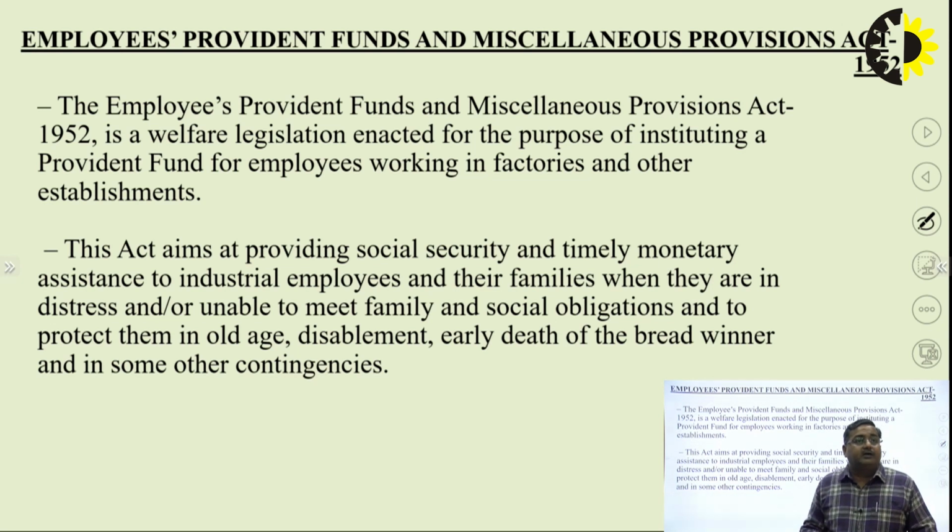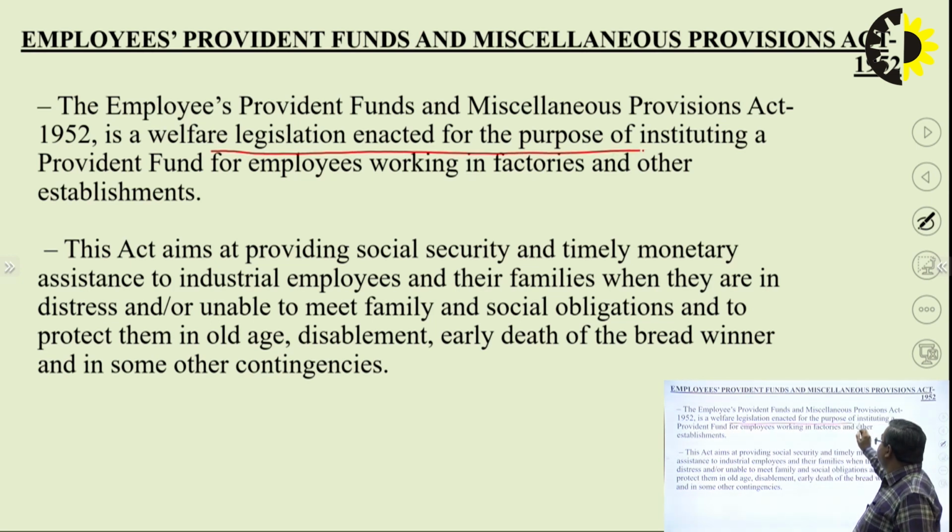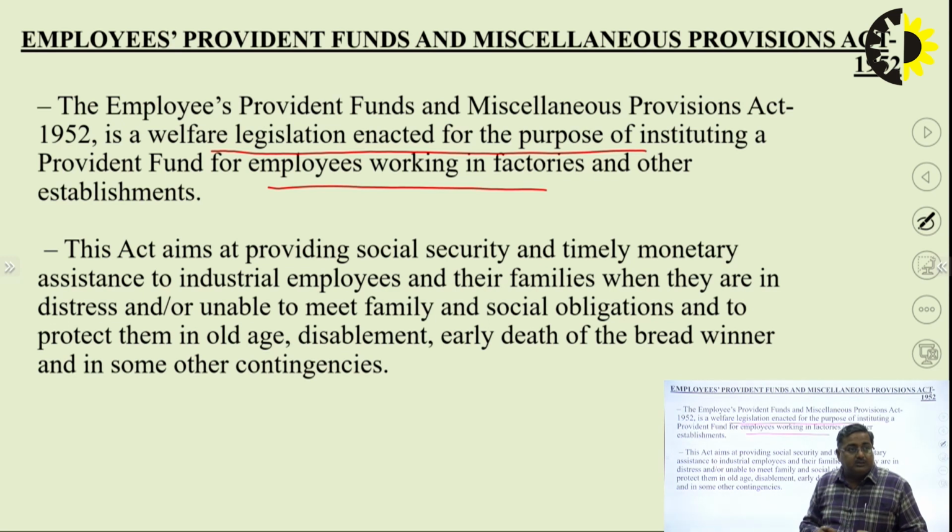Employees Provident Fund and Miscellaneous Provisions Act 1952. The Employees Provident Fund and Miscellaneous Provisions Act 1952 is a welfare legislation enacted for the purpose of instituting a provident fund for employees working in the factory and other establishments.